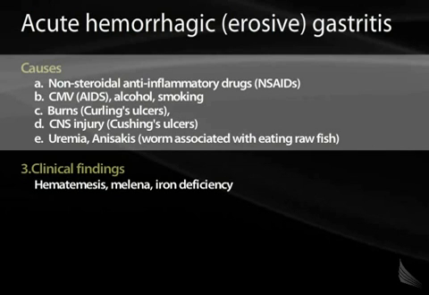This is thought to be mediated by the release of very high levels of catecholamines into the systemic circulation. Uremia in renal failure can also cause acute hemorrhagic gastritis and is one of the reasons that patients with renal failure will often be placed on prophylactic therapy with a proton pump inhibitor or H2 blocker.